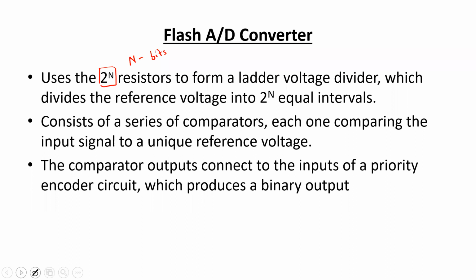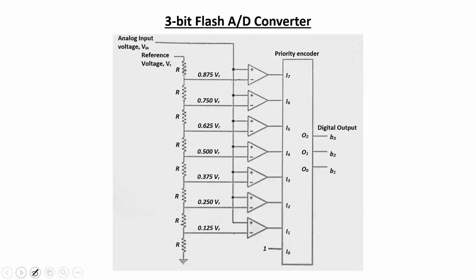In terms of circuit diagram, let us assume a 3-bit flash AD converter. For a 3-bit flash AD converter, there would be 2 to the power 3, or 8, total resistances, which are indicated over here, 8 equal resistances.